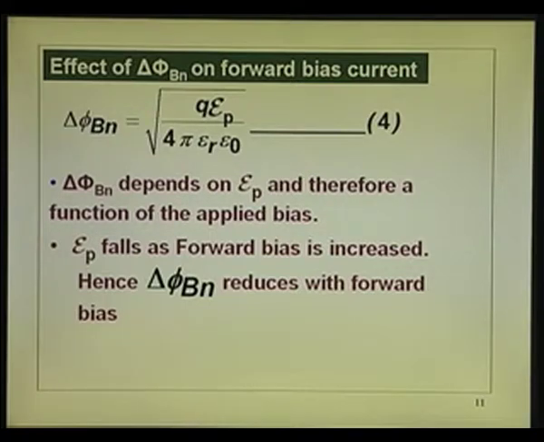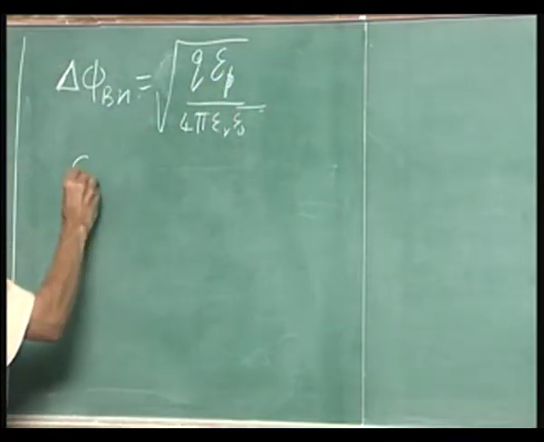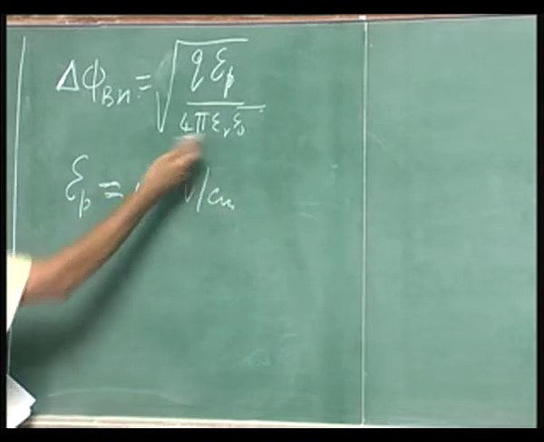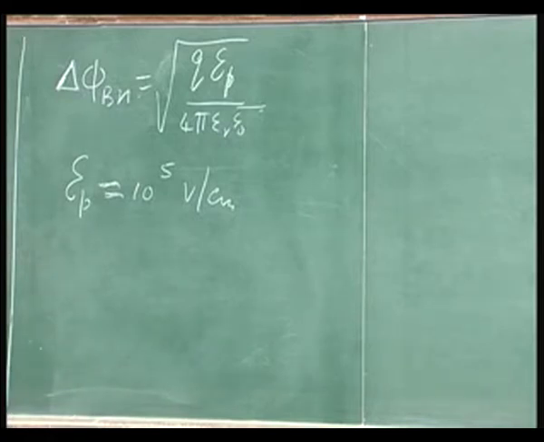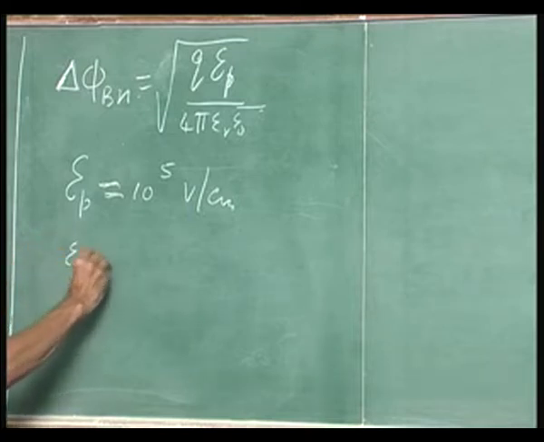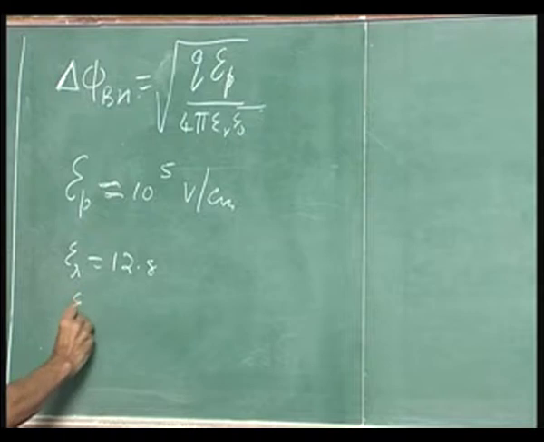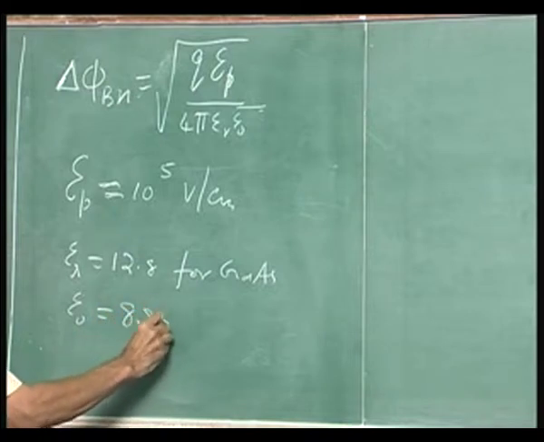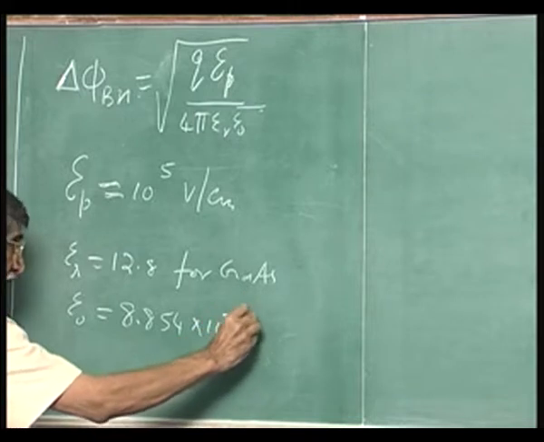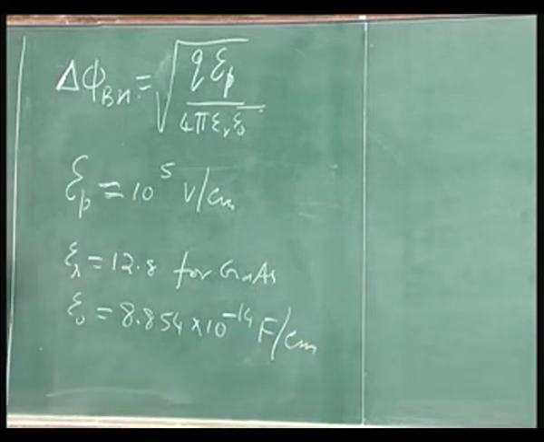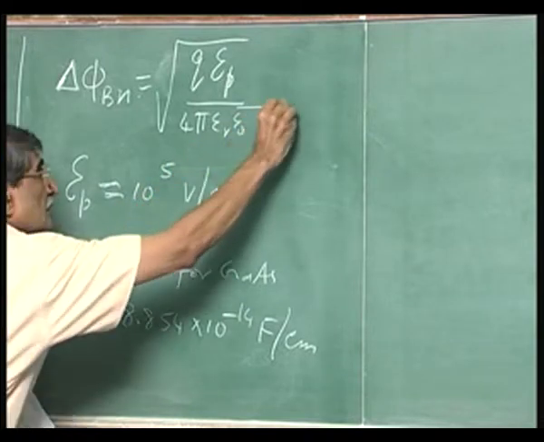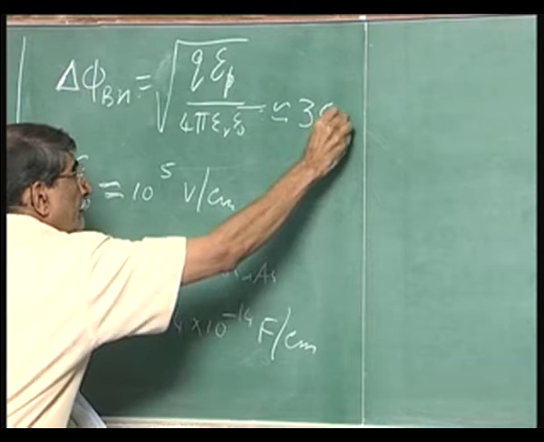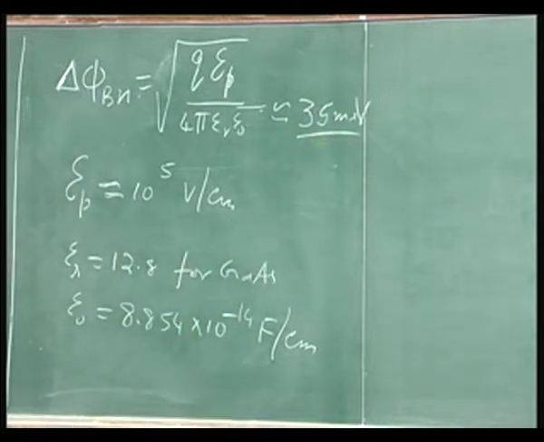Substituting epsilon r as 12.8 for gallium arsenide (12 for silicon), and epsilon 0 as 8.854 into 10 to the power minus 14 farads per centimeter, you get about 35 milli electron volts in this example.